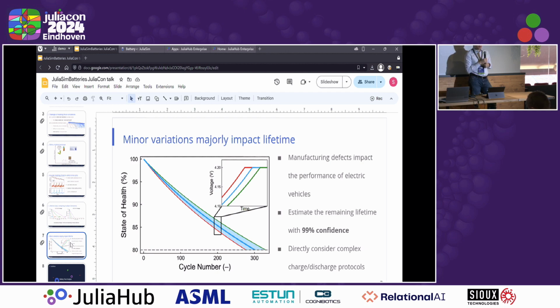So this plot here is showing the state of health with the cycle number again, and the bands here are showing the variation that happens due to a manufacturing defect. So we know from the manufacturer that there might be a small error on, like, the thickness of an element of the battery.